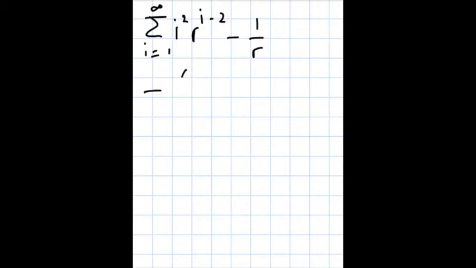Then I have the second summation, the sum from i equals 1 to infinity of i r to the i minus 2, and again if I put i equal to 1 here, I will get 1 over r.